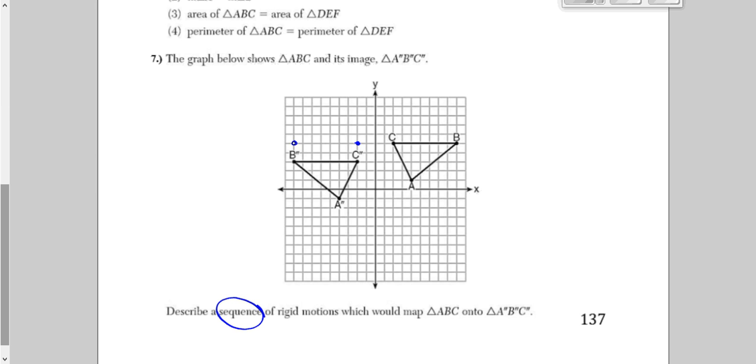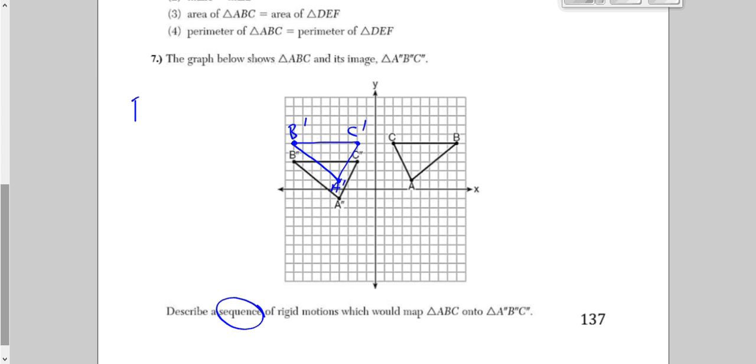And then B over here, and then A. So here's my B prime, C prime, A prime, right? Okay, I'll buy that. And then what? Be specific. Down 2, right?